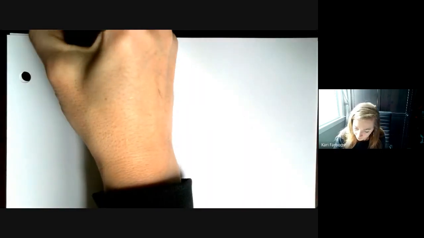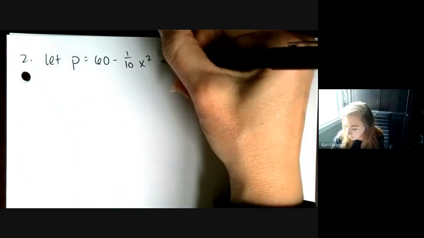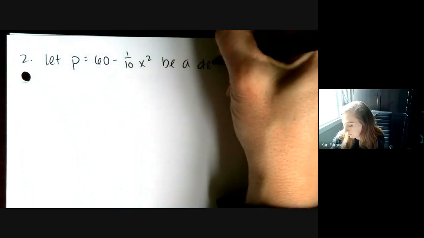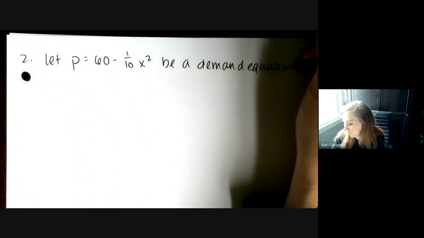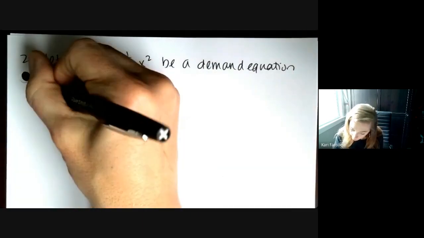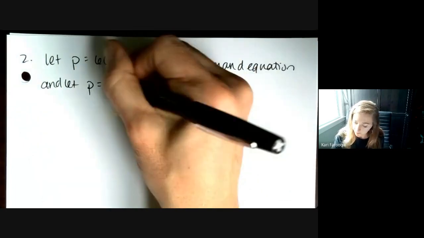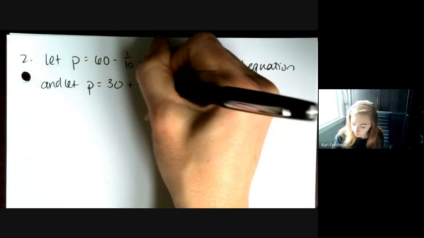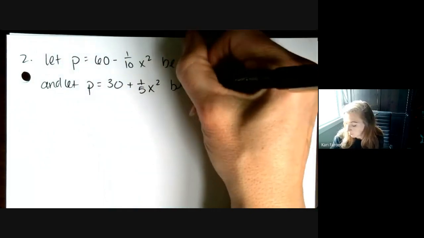All right, last one. We are going to let P equal 60 minus 1/10 x squared be a demand equation. And let P equal 30 plus 1/5 x squared be a supply equation.